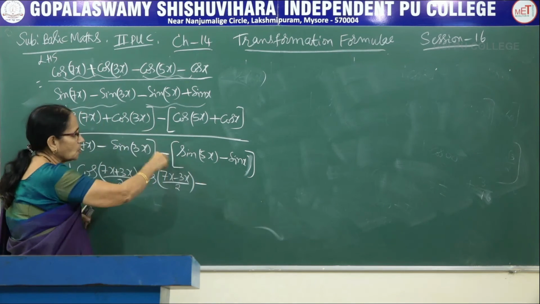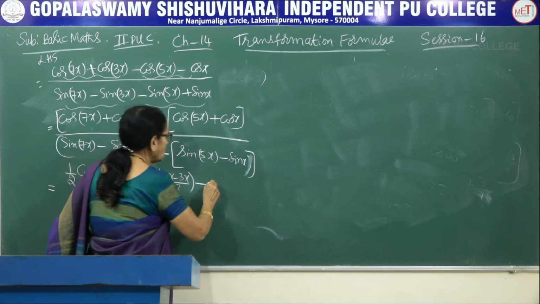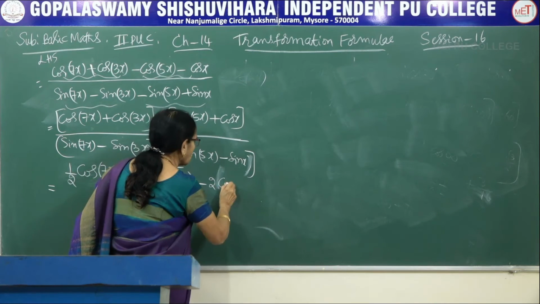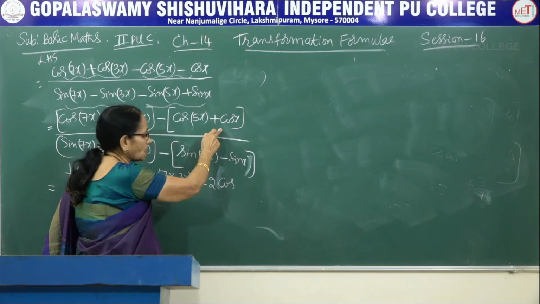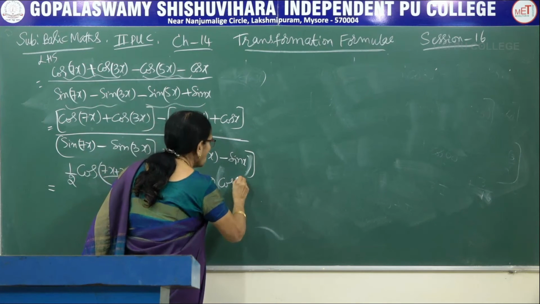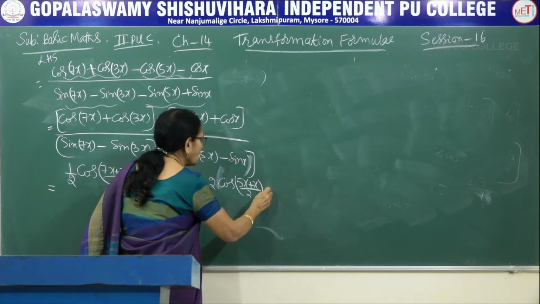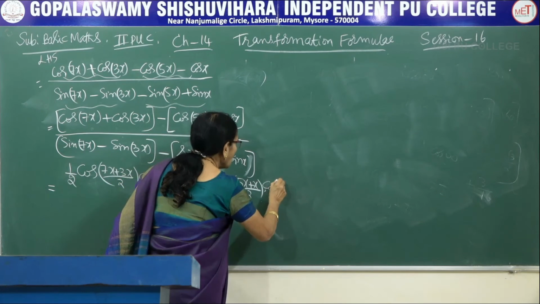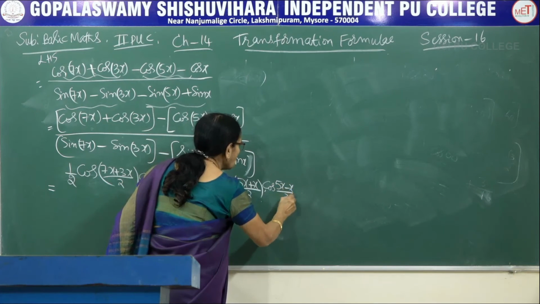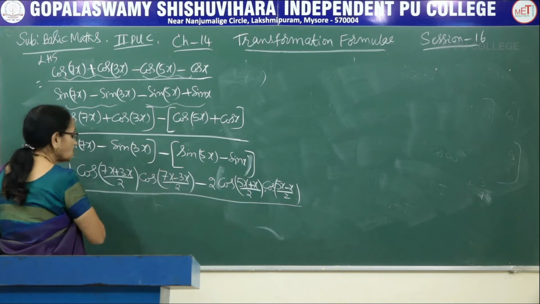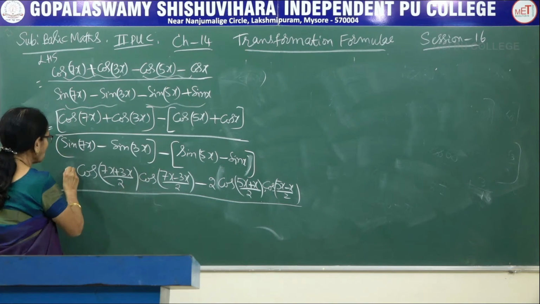Then minus this one, I am writing this again, 2 times, you need not write the bracket because it's a product. Again same formula, cos C plus cos D, cos of 5x plus x by 2 into cos of 5x minus x by 2. Now divided by, this is 2 here.